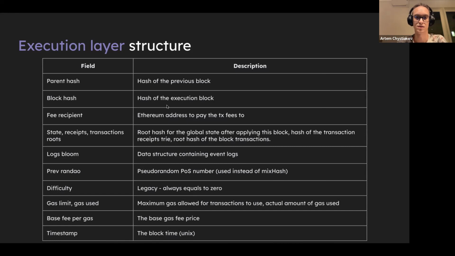Does something get executed on the execution layer right now? Didn't the merge move all the blocks to the consensus layer? Like, there is software that is right now responsible for the execution of the blocks, and there is software that is responsible for the consensus.